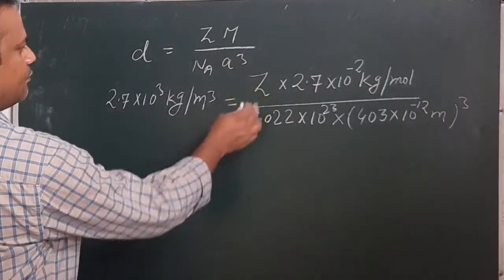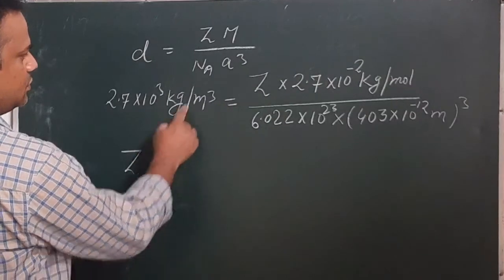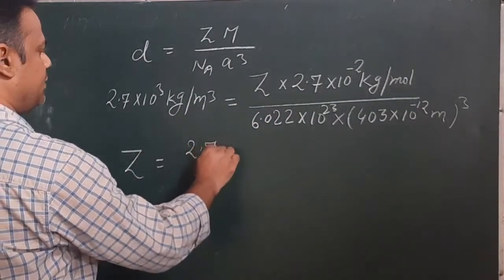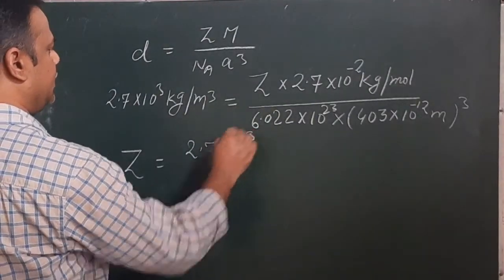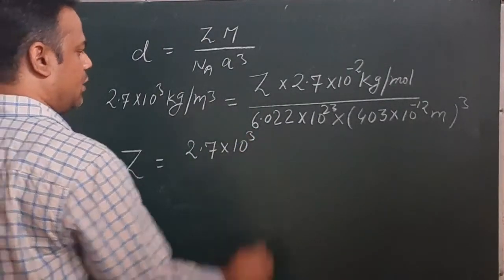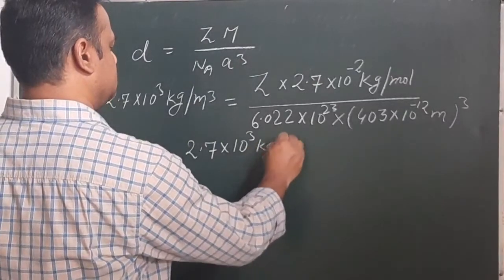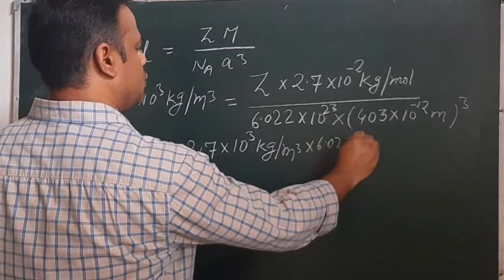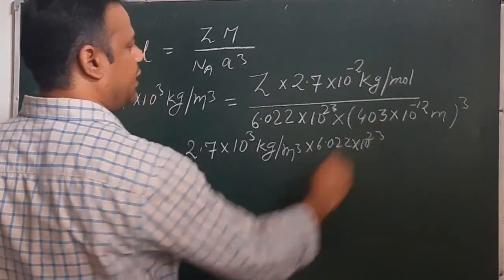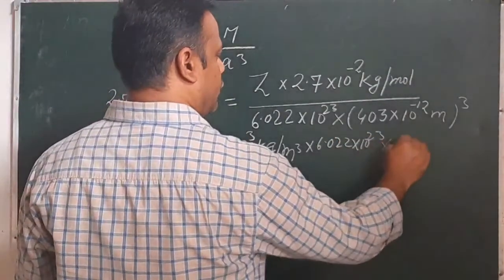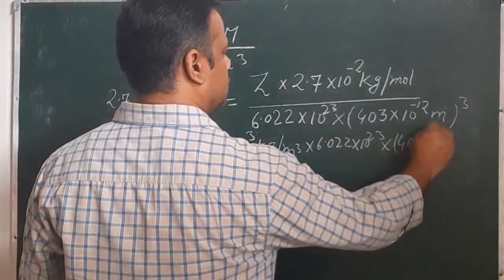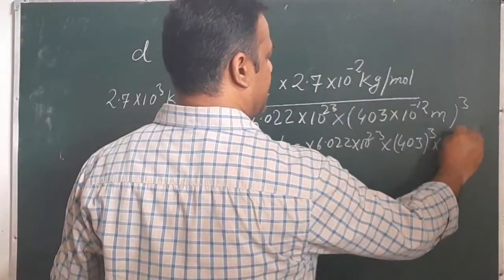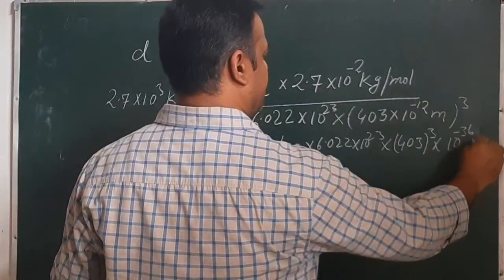Now we have to perform the calculation. From here we can write Z equals to this, and this whole value will get multiplied: 2.7 into 10 to the power 3 kilogram per meter cube into 6.022 into 10 to the power 23 into 403 whole cube multiplied by 10 to the power minus 36 meter cube.